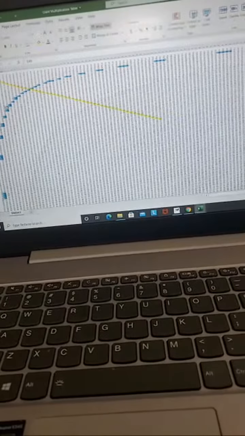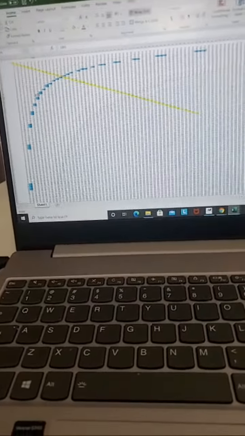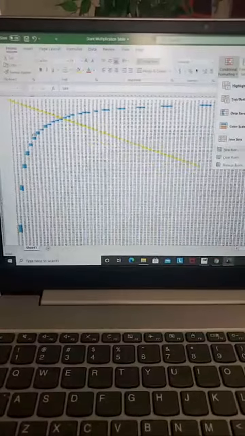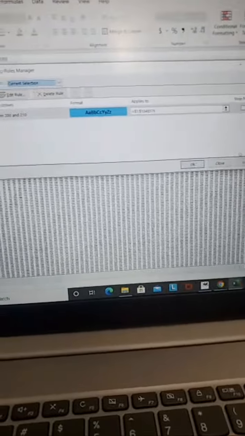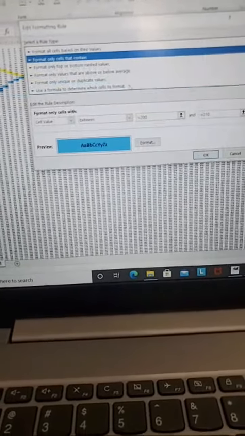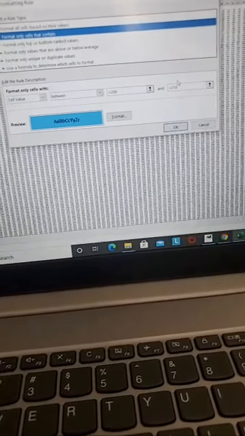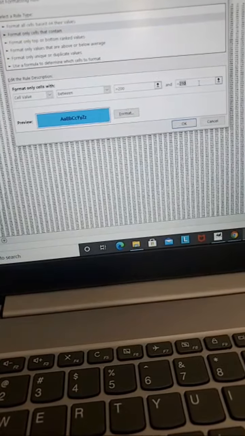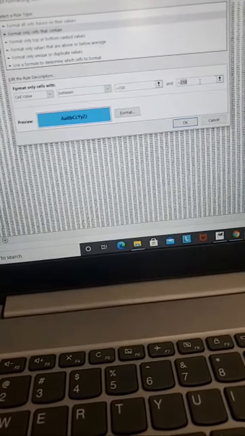There's something here. And then you only have to search along that line. So when you know the manage rules, 200 to 210. We already saw where 200 is.